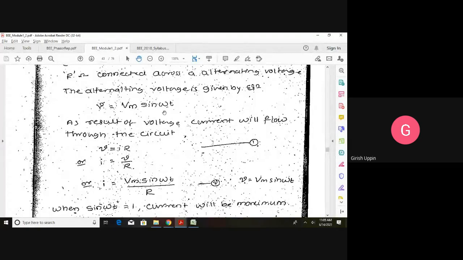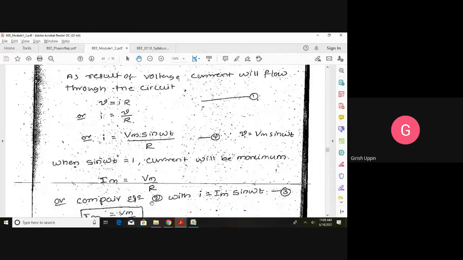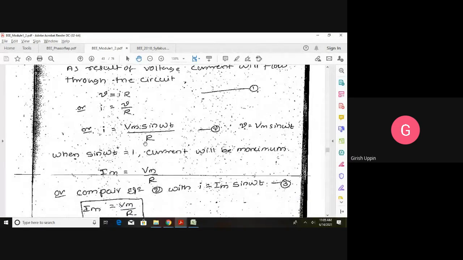V is what? Vm sin omega t. If I substitute that, what I will get? I is equal to Vm sin omega t divided by R. Therefore, I can represent this equation as I is equal to Vm by R into sin omega t.